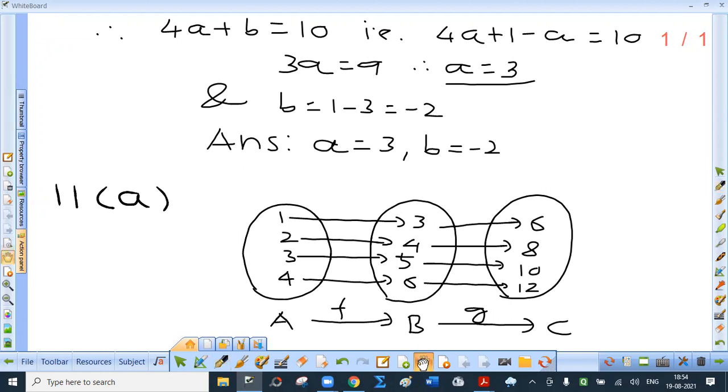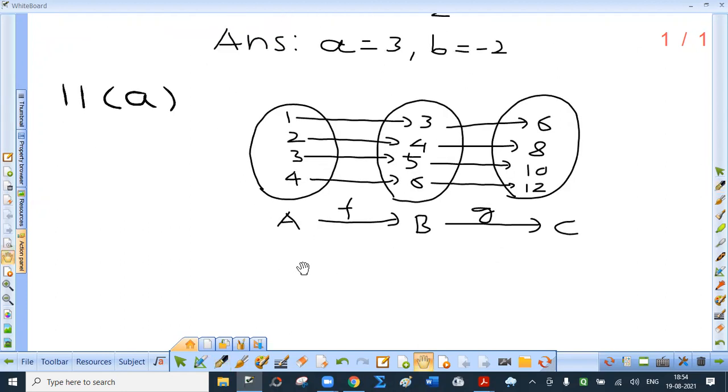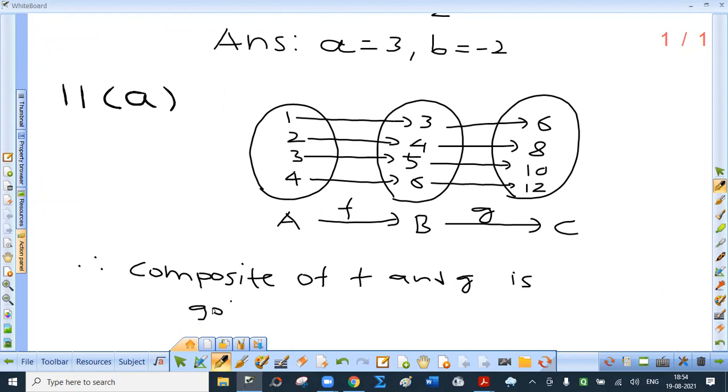And what is asked? Composite of f and g is g o f equal to, now use common sense, see the cursor, 1 is ultimately associated with what?